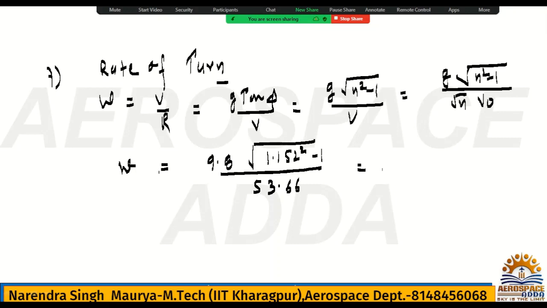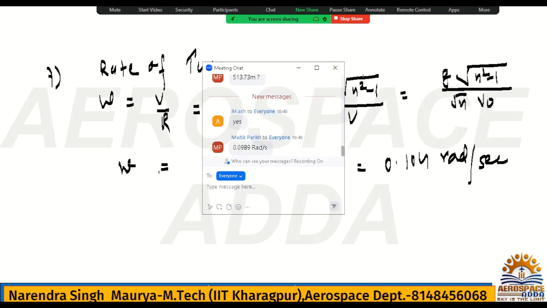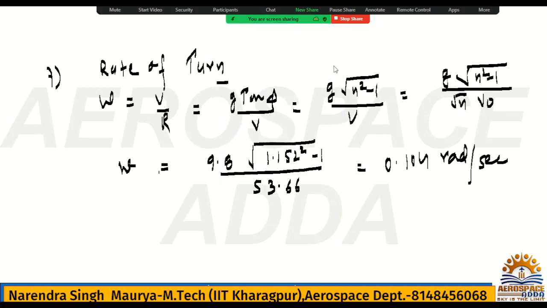So it is nothing but 0.104 radian per second. I think this is the value. Check. Rate of turn. Okay, the same thing, 0.09. If rounded off, then it is 0.1.